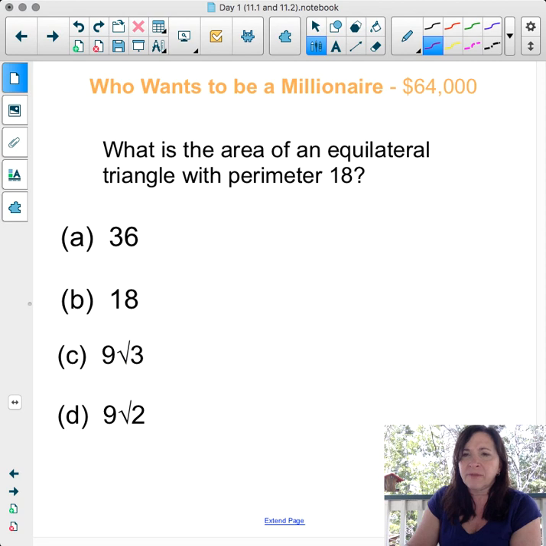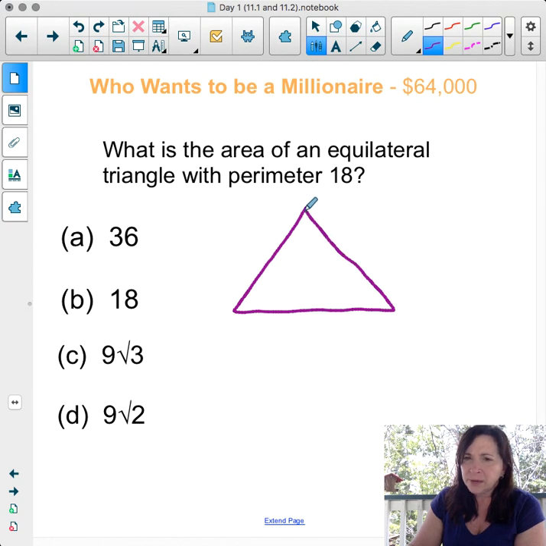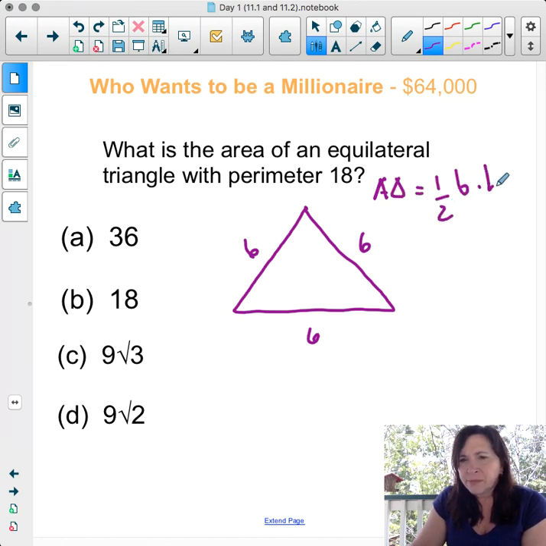What is the area of an equilateral triangle? Now, an equilateral triangle means that all sides and angles are congruent. So if my perimeter is 18, I'm going to divide that by 3, and each of my lengths is going to be 6. For the area of a triangle, that's going to equal 1/2 my base times my height.